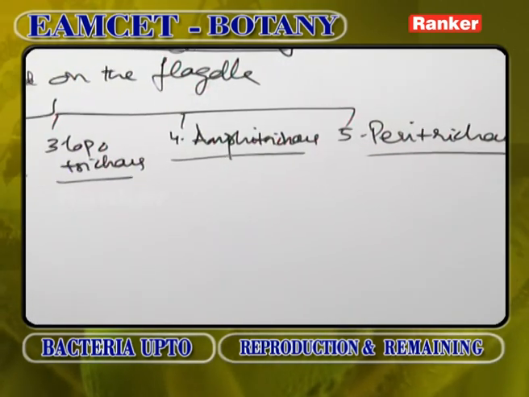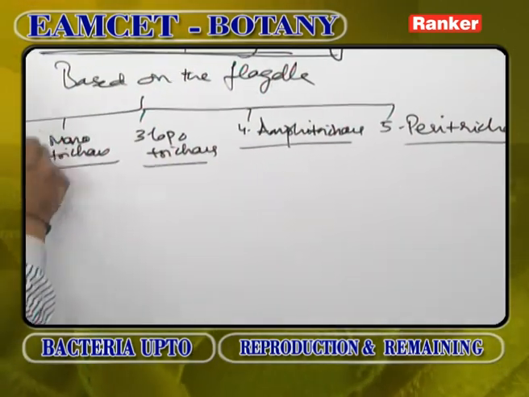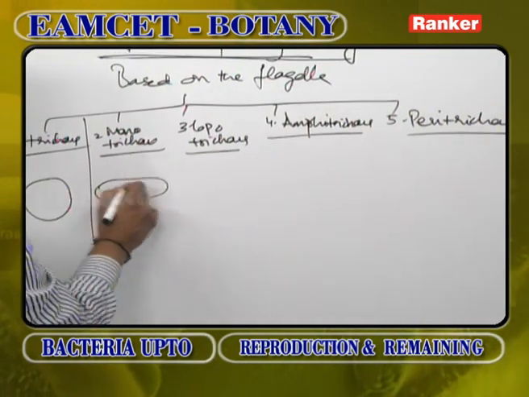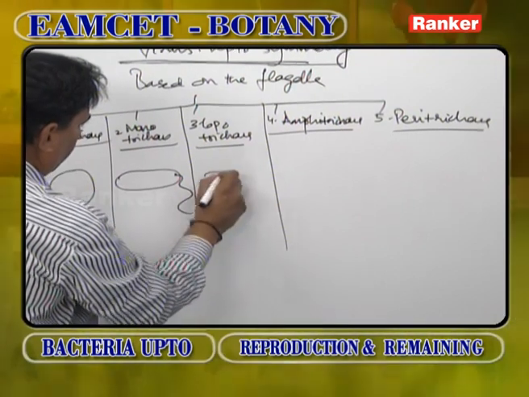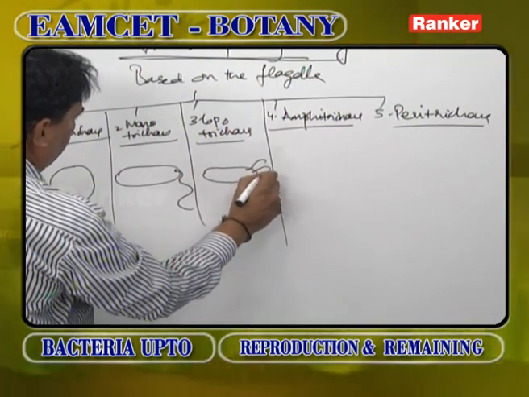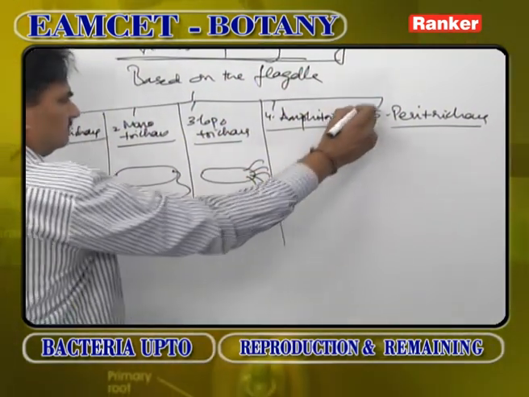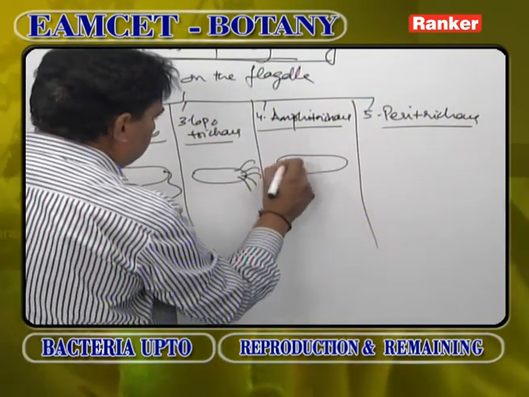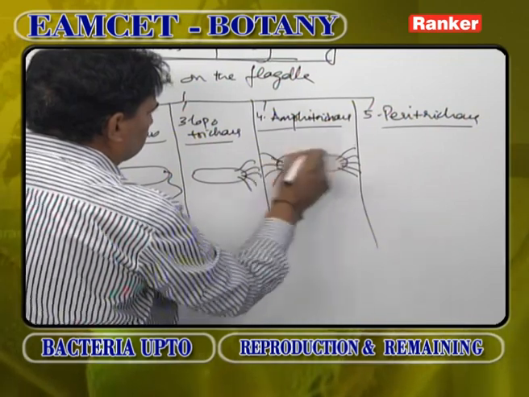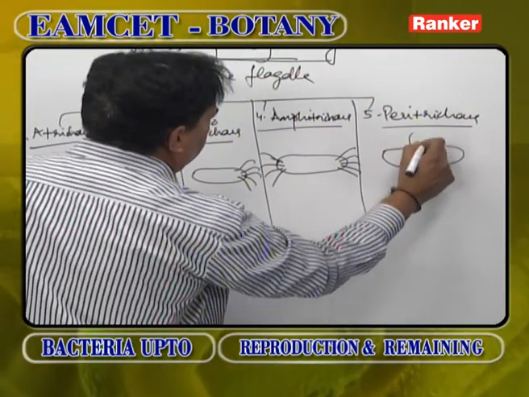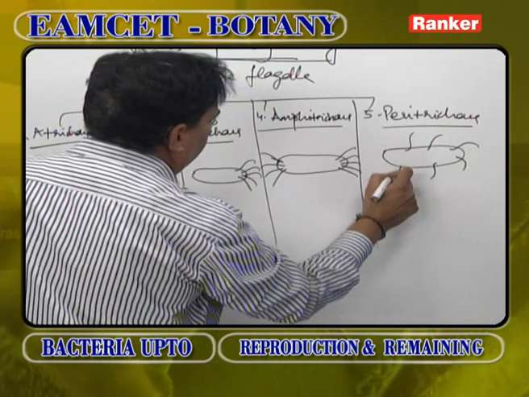Atrichous bacterium is without any flagella; flagella are completely absent. Monotrichous bacterium has only one flagellum. Lophotrichous bacterium has a bunch of flagella only on one side. Amphitrichous bacterium has a bunch of flagella on both sides. And peritrichous bacteria have flagella all over the body of the bacterial cell.